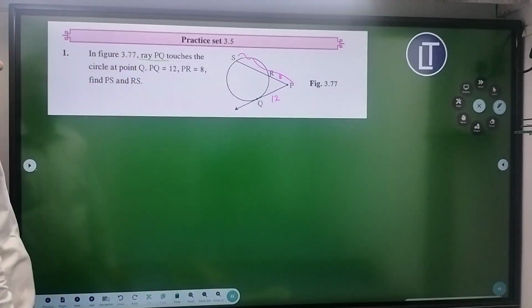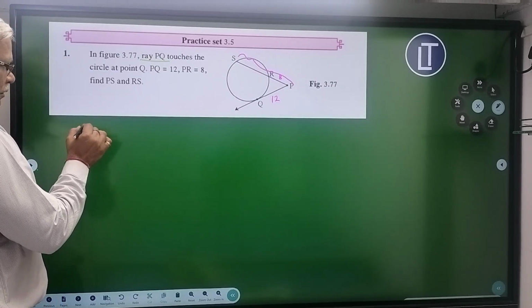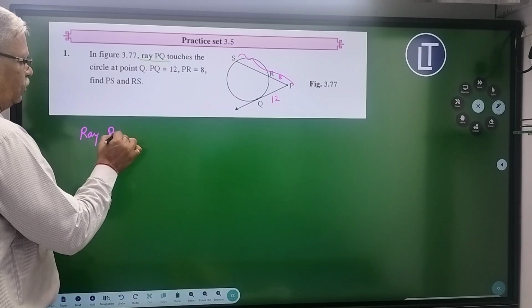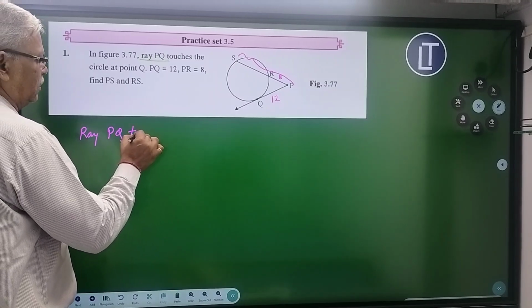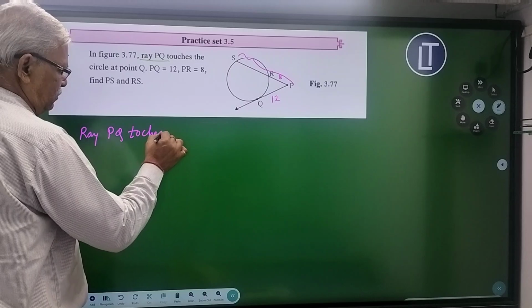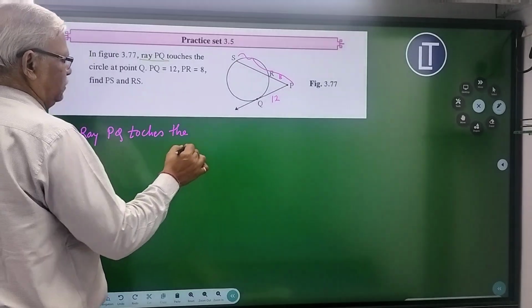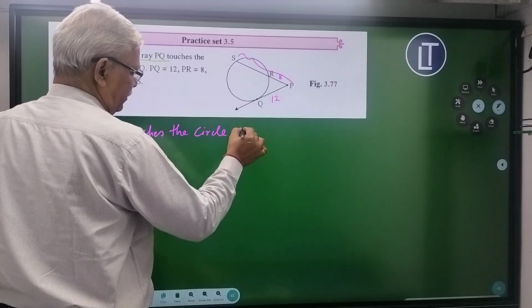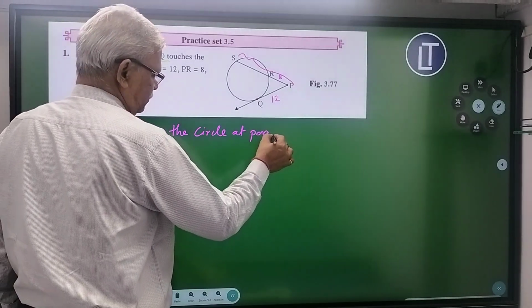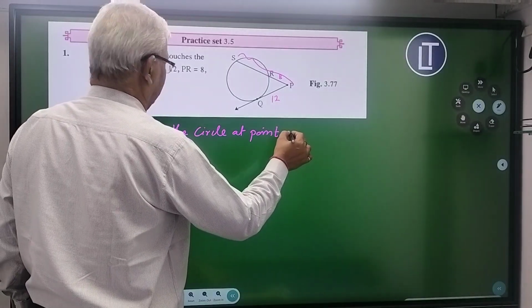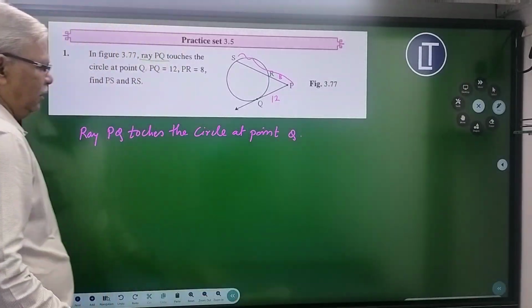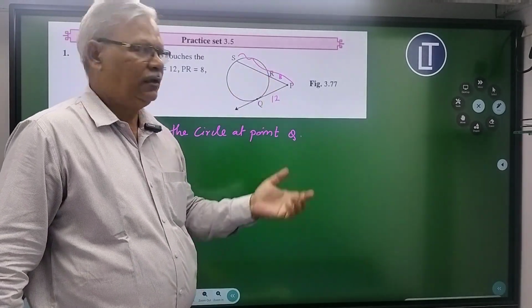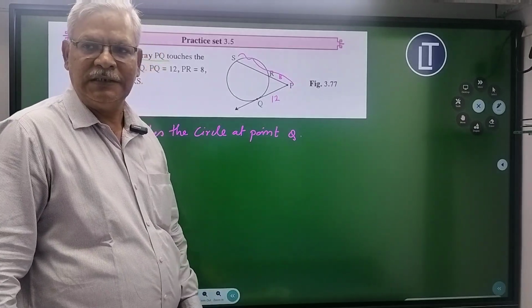First we will write here that ray PQ touches the circle at point Q. It means that PQ touches the circle only at one point. Therefore, this is the tangent.